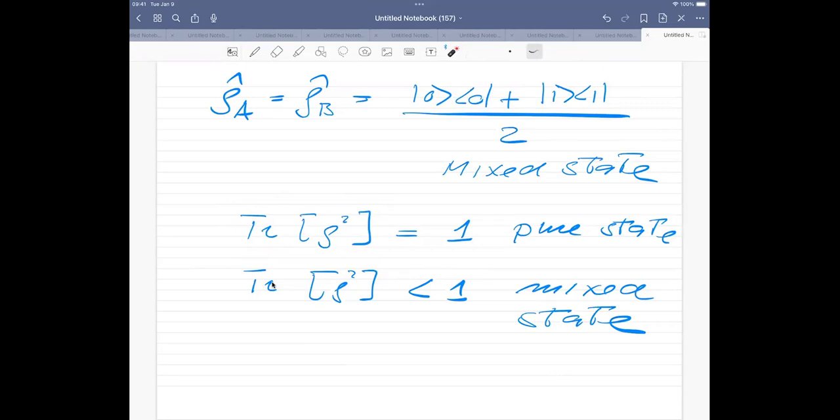And the von Neumann entropy, or the entropy itself, is a useful way to classify whether we know something about a system or if we have minimal knowledge. So if the entropy is 0, that means that we have a pure state and we know everything about the system.